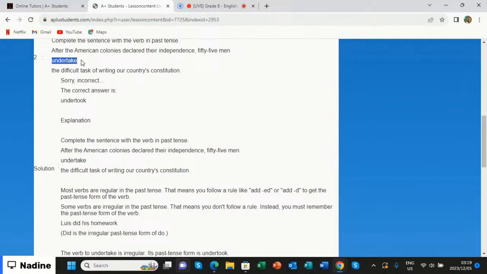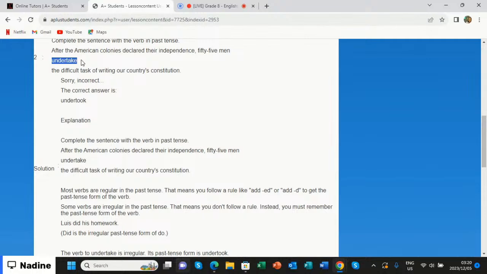And if we complete that word, undertake, with the verb in the past tense, then in the past we can say they undertook. You undertake now, right?